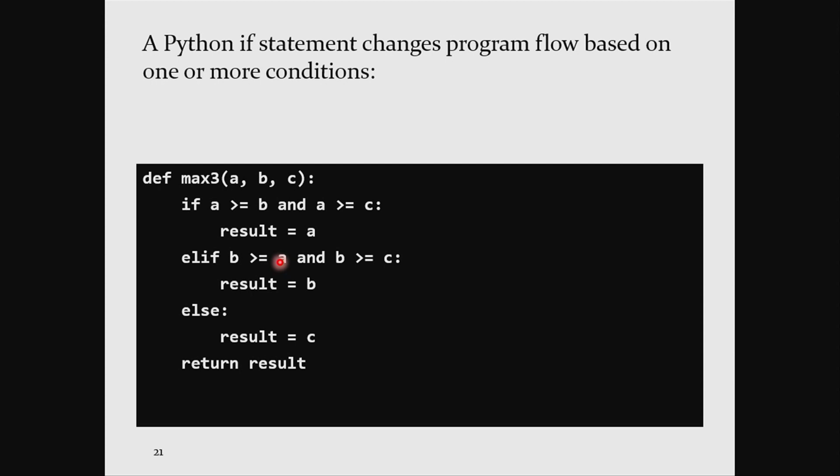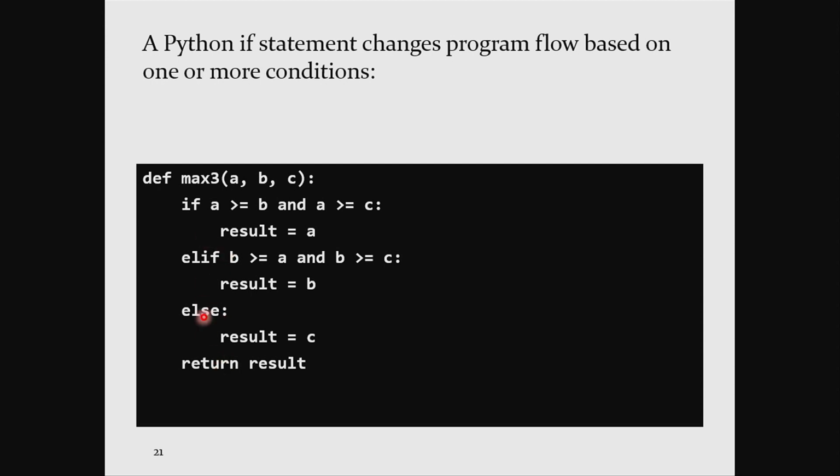If that condition is true, you do that statement, and then you jump to the end of the if statement. If neither of these two conditions is true, the else clause executes, and then you jump out to the end of the if statement. So you can control program flow based on one or more conditions.